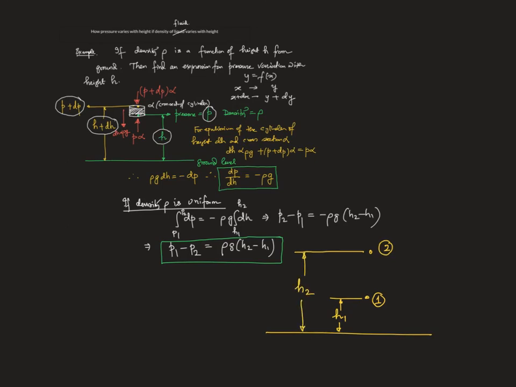So we have p1 minus p2 is rho g times h2 minus h1. That is, the difference in pressure is rho into g multiplied by the height difference, the difference in the level.